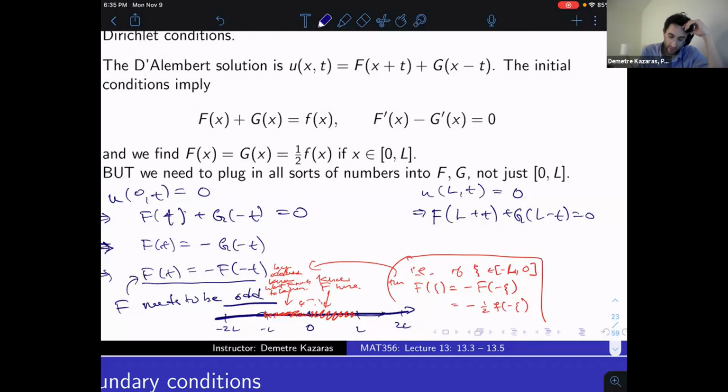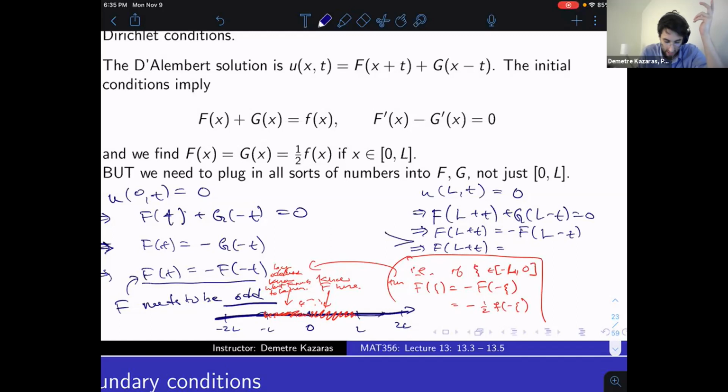I know when I plug in L for any time, I'm supposed to get 0, so that tells me F of L plus T is equal to minus F of L minus T. But I know it's odd, so let's use that property.